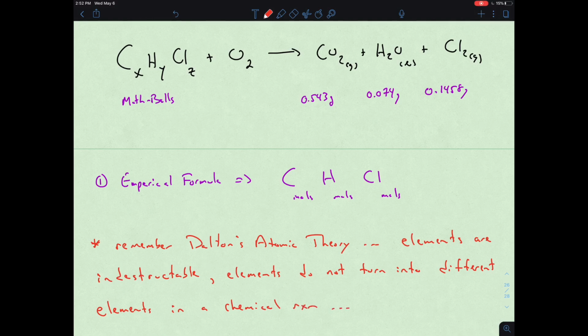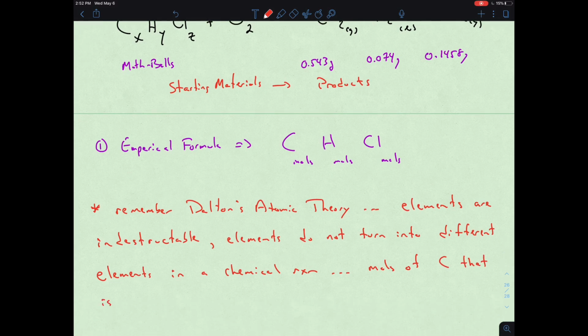So that means if we look at, in the sense of, here we have starting materials above, and those starting materials are going to produce products, that the moles of carbon that is produced is equal to the moles of carbon that you started with.